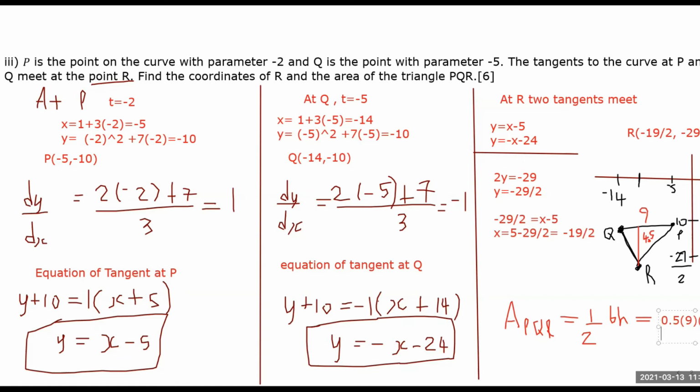That gives us 0.5 times 9 times 4.5. We get 20.25. So the area is equal to 20.25 units square. That's the area of the triangle.